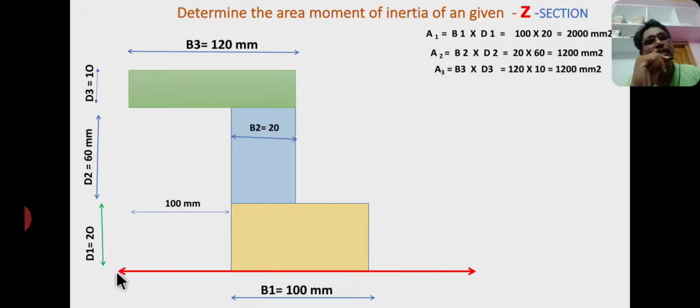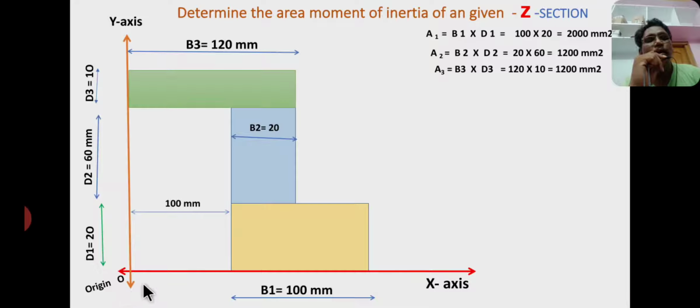Now I consider the x-axis at the bottom edge and y-axis at the left side edge, and this is origin. Now I am drawing the diagonal lines to locate the individual centroids. Okay, the centroid of a rectangle lies where its diagonals meet each other. Therefore, the intersecting point is called centroid.